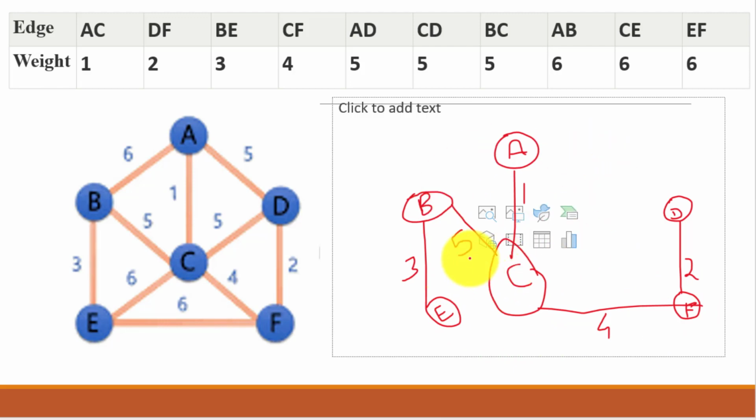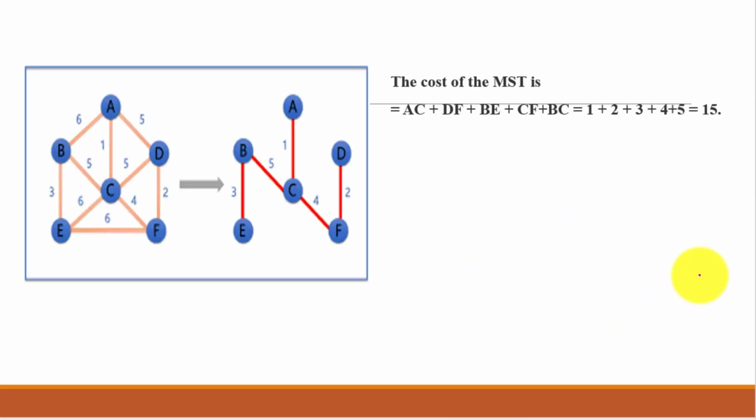So I'll get this graph as a minimum cost, which has all the vertices A to F, and I cover all vertices. So my cost is 3 plus 5 plus 1 plus 4 plus 2. So my cost of this graph becomes AC plus DF plus BE, CF and BC. That is nothing but 15.